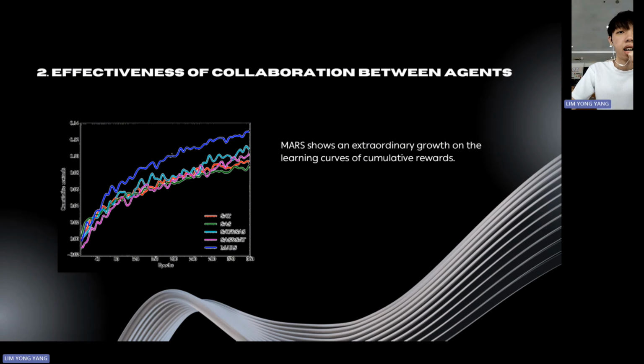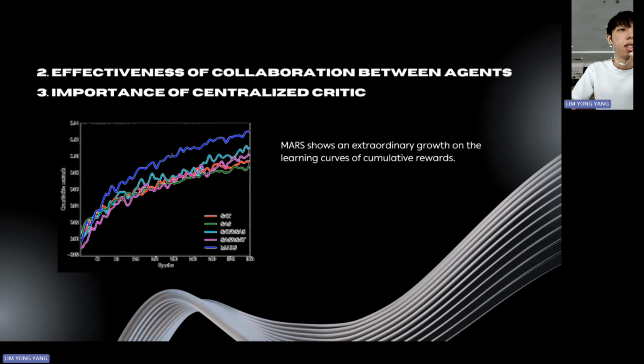Besides pointing this out, the researchers also discuss why it happens, and they mentioned that the centralized critic contributed to this. With this centralized critic, it brings collaboration, and it is not just putting two agents together to work. It has some kind of collaboration work in it.